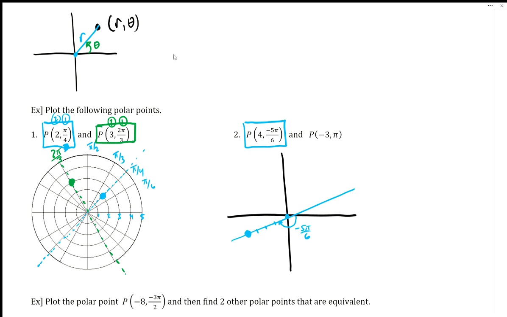All right, so let's see the second point they want us to plot. On the second one, again, we measure the angle first. Okay, so measuring pi would be over here. And then I'm going to draw in a line to show that angle.